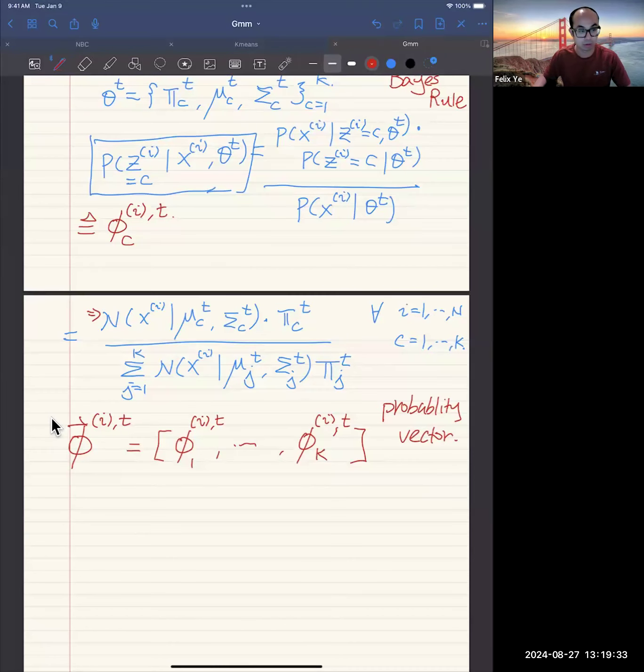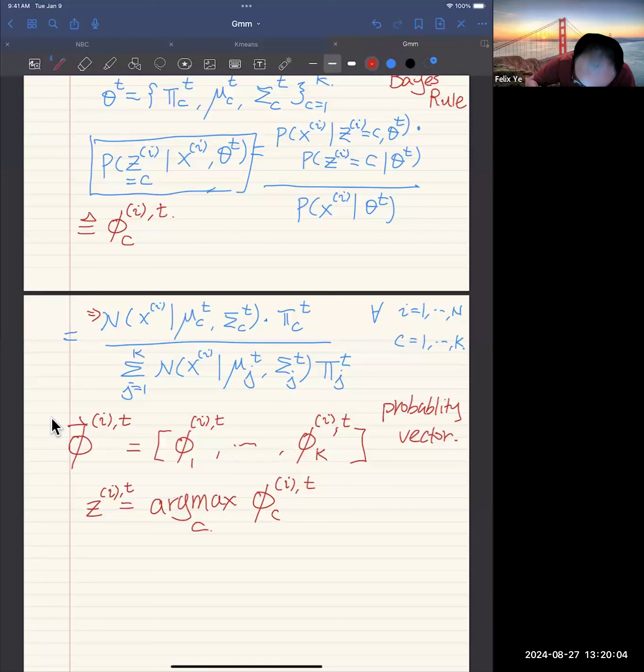So I'm going to say my membership Z_i, which is an unobserved hidden variable, is equal to the argmax over c of phi_c(i,t).